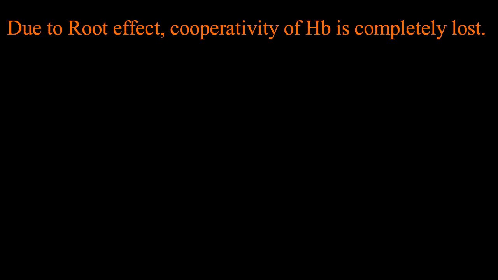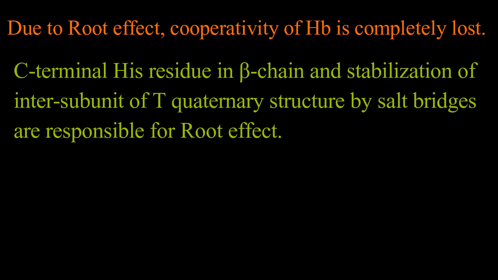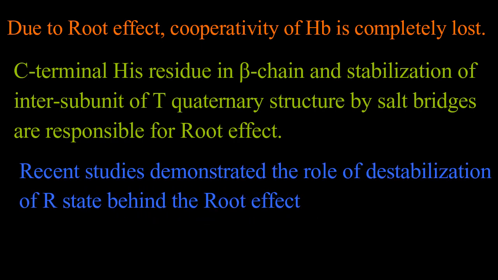Due to the Root effect, cooperativity of hemoglobin is completely lost. C-terminal histidine residues in the beta chain and stabilization of the inter-subunit T quaternary structure by salt bridges are responsible for the Root effect. Recent studies demonstrate the role of destabilization of the R state behind the Root effect.